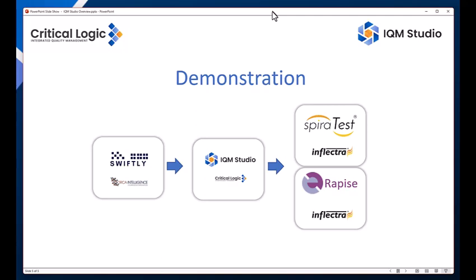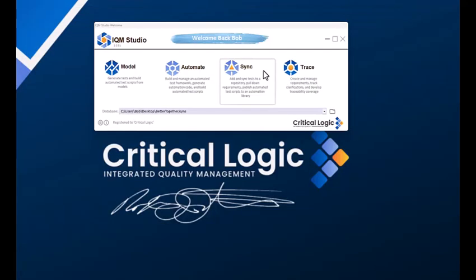We're going to show how those look in IQM Studio, how we've brought those features and scenarios into IQM Studio, and then how we look at that as a model and generate test cases that, in our example, we're going to store in the Spira test tool from Inflectra for test management and test coverage. We're also going to generate automation code, again with a tool from Inflectra called Rapise. So let's go ahead and switch over to the demo.